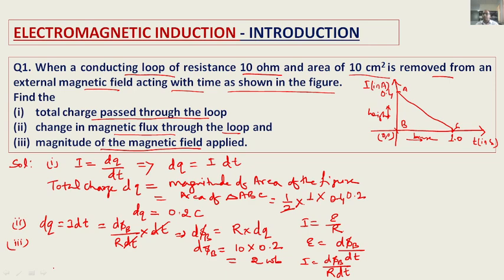Now the third is the magnitude of the magnetic field, which we have to find now. We know that d phi b is equal to B dot A, which can be written as BA cos theta.